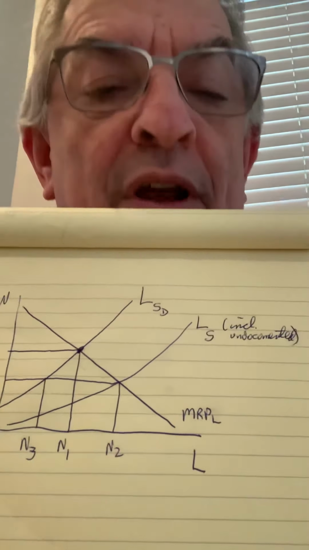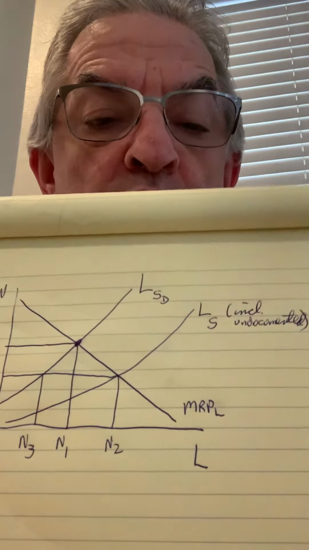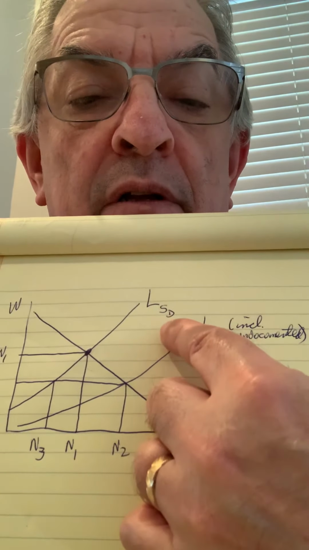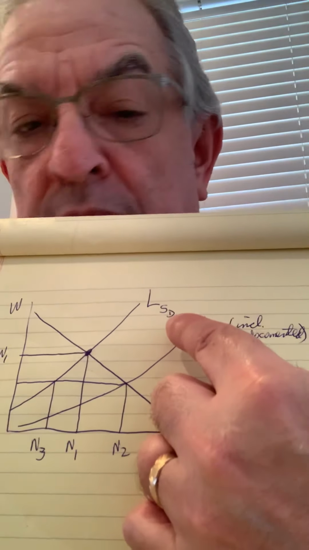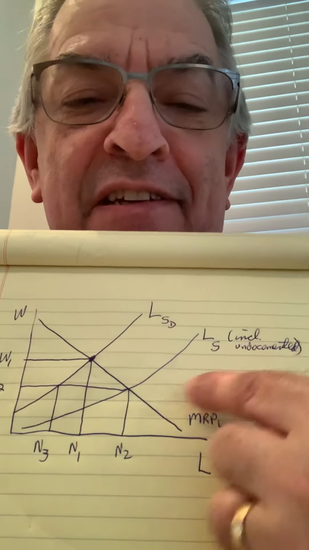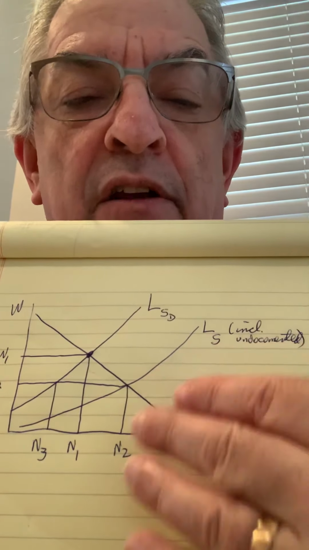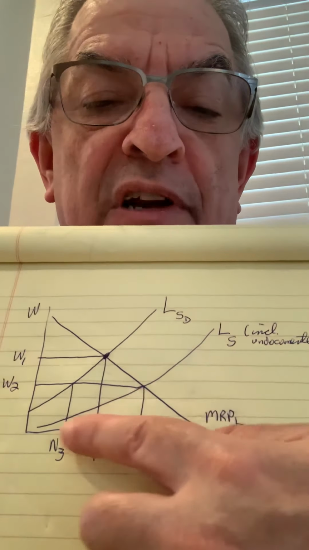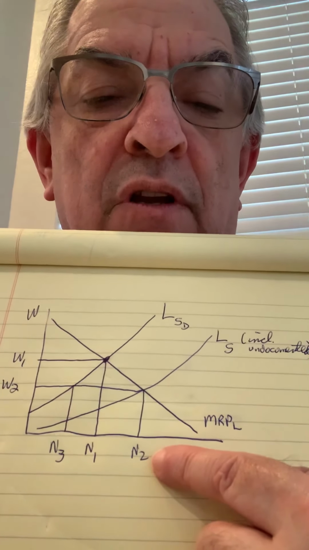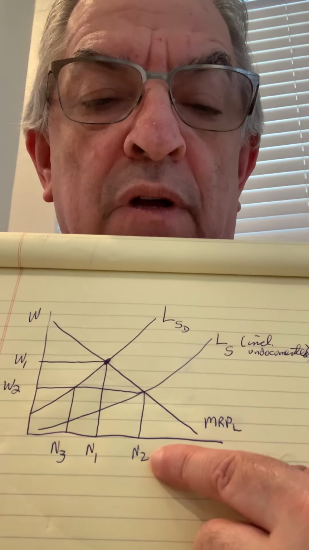Now we have immigration, including undocumented immigration, and that pushes the labor supply curve out from I guess it's LS1, to LS2. Supply curve shifts out. Of course, the increase in supply is going to depress the wage to W2, and it's going to increase the number of workers who get hired to N2.